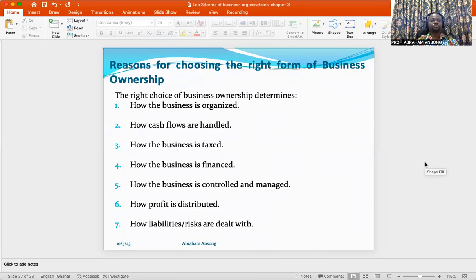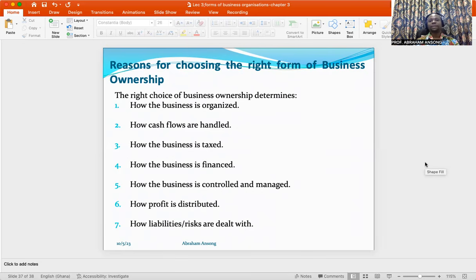You have the option of going into partnership, where you can partner with a maximum of 20 people to run the business, or you can opt for a company, in which case you even lose ownership of the company for management to run it on your behalf. The only way you get to control, in quotes, the business is if you appoint a competent board of directors to replace you in directing management as to how the business should be run.